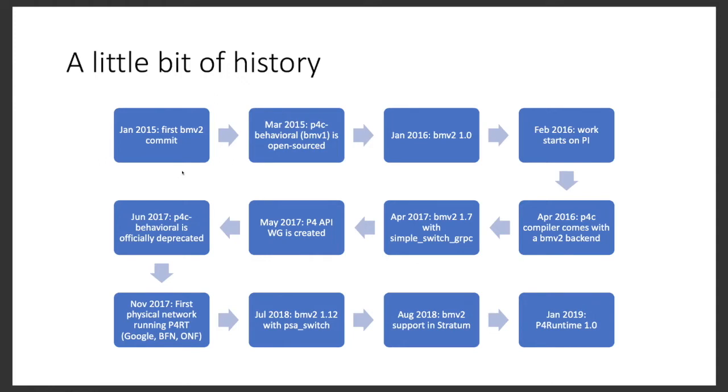Then at the beginning of 2016, the first major release of BMV2 was published. I think I did that at the time because we basically had reached feature parity with the first version of the behavioral model.